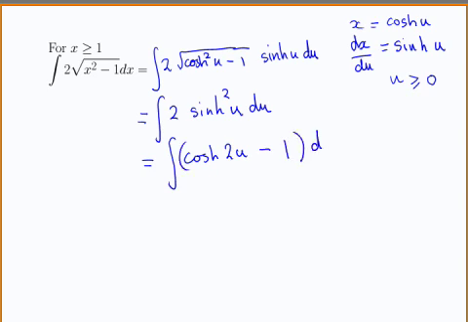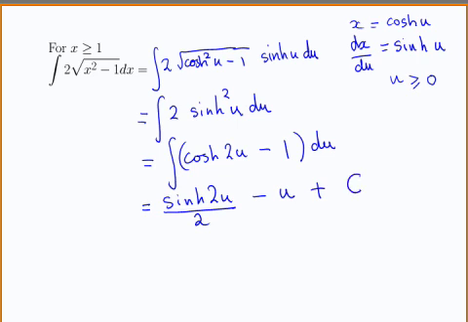And now we're integrating with respect to u. Well, that's straightforward to integrate. We get sinh 2u divided by 2 minus u, and of course we have our constant of integration.